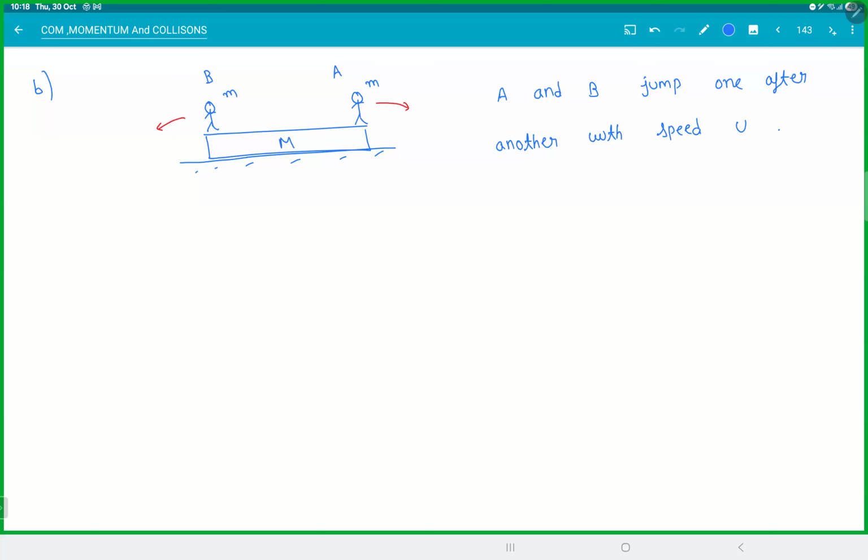With speed u relative to the platform. Find the final velocity of the platform after both jump.